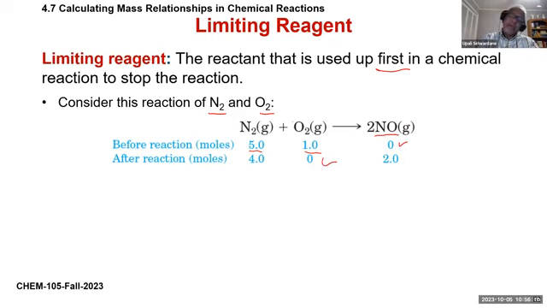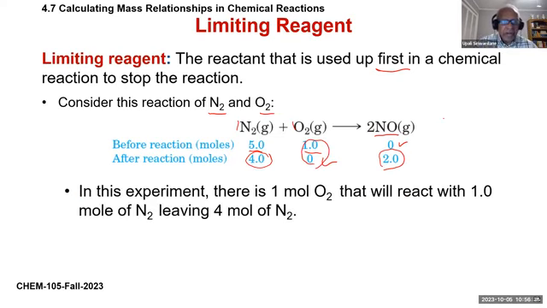Since it's 1:1, if you have 1 mole of oxygen, there are going to be 4 moles of excess. Oxygen limits the number of NO molecules produced to 2. Therefore, oxygen is the limiting reactant.